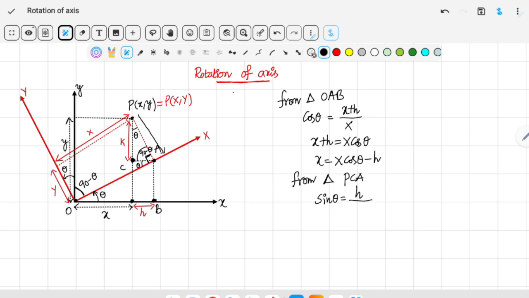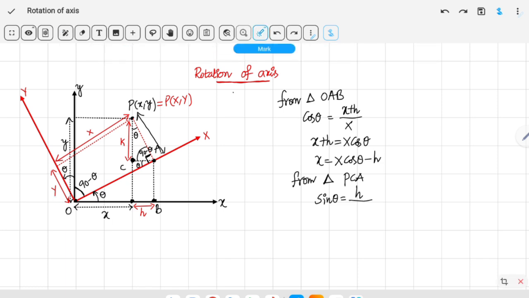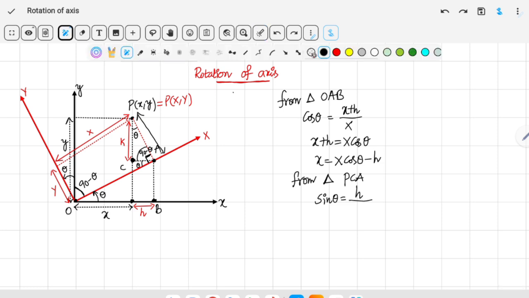From the figure you can observe that the hypotenuse is capital Y. Now sine theta is equal to h by capital Y. From this I can write h is equal to capital Y sine theta.